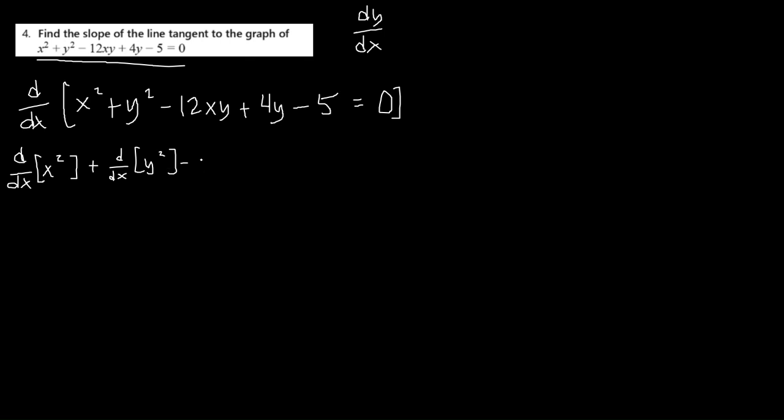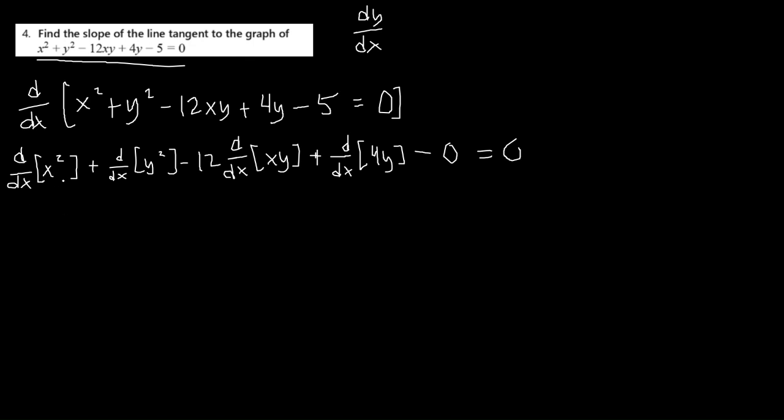So we can separate 12 from xy and focus on finding the derivative of xy using the product rule. And then plus d over dx of 4y minus 0, you can automatically say that the derivative of 5 is 0. So we're just going to cancel these out, and it makes life easier.